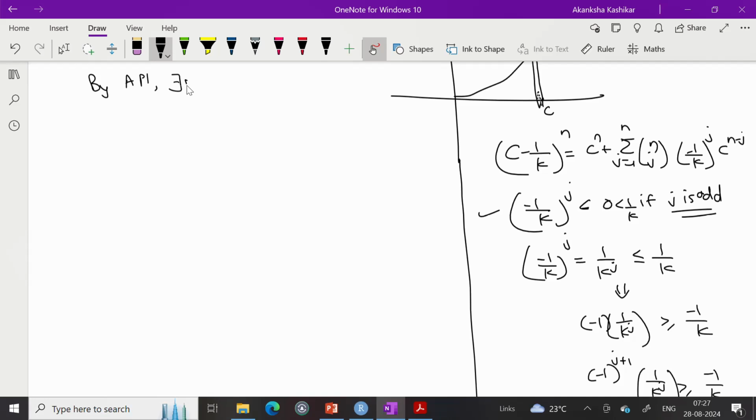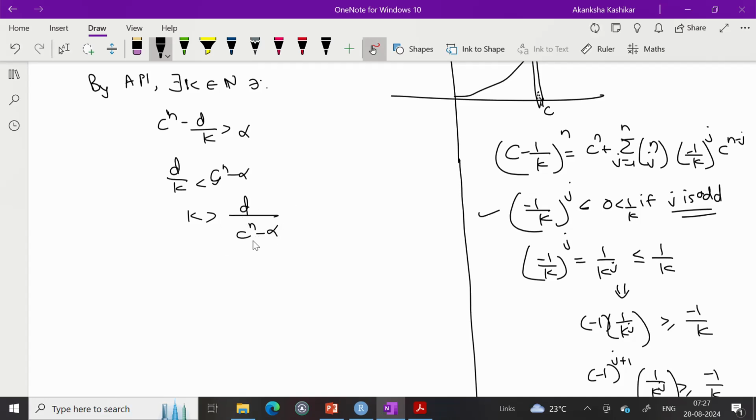So let us try that. My d stays the same. d looks exactly the same even in this case. So again, by AP1, there exists some natural number k such that c^n - d/k is greater than alpha.